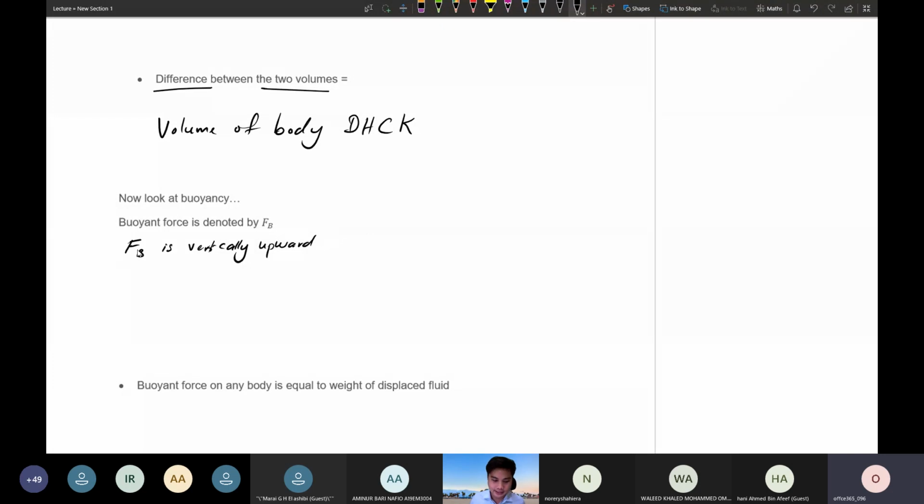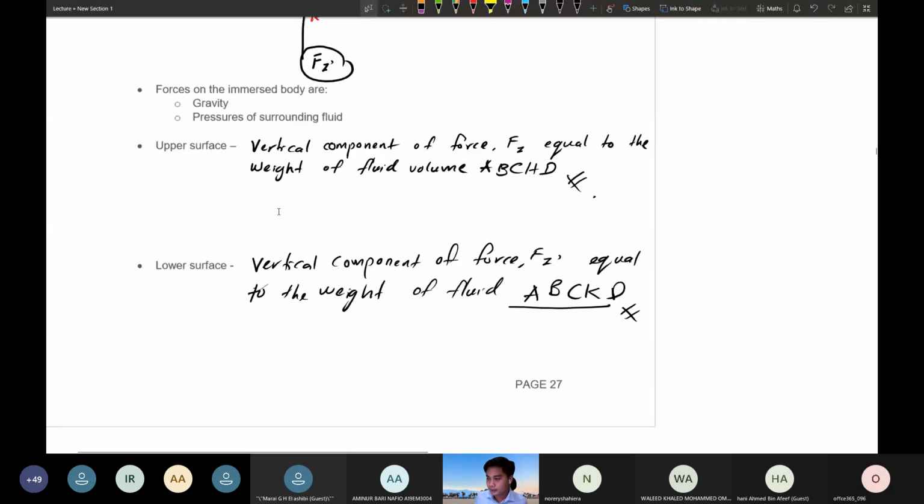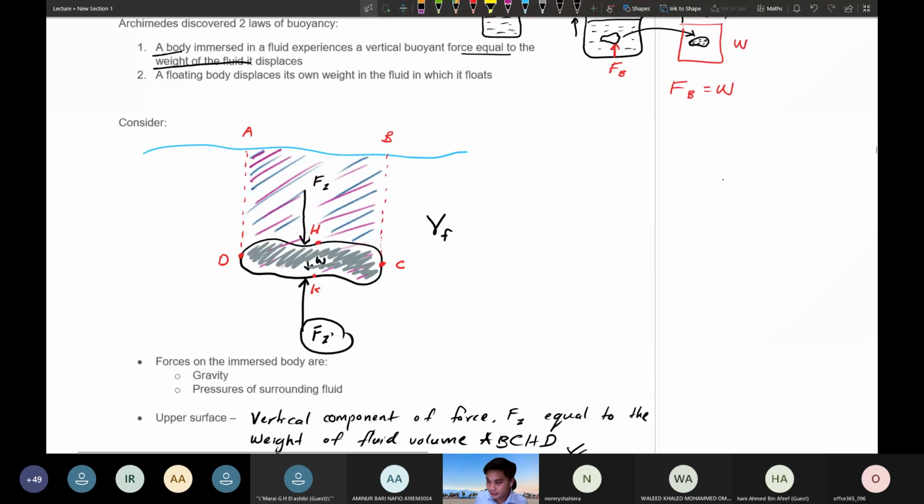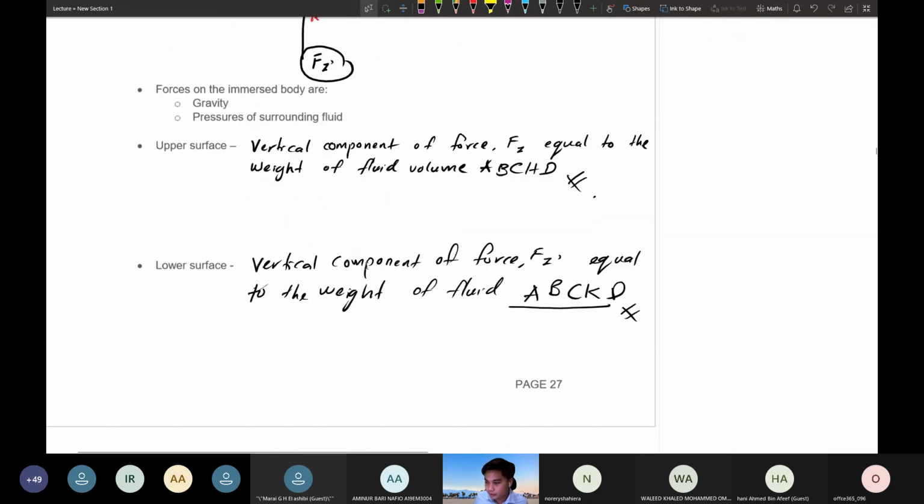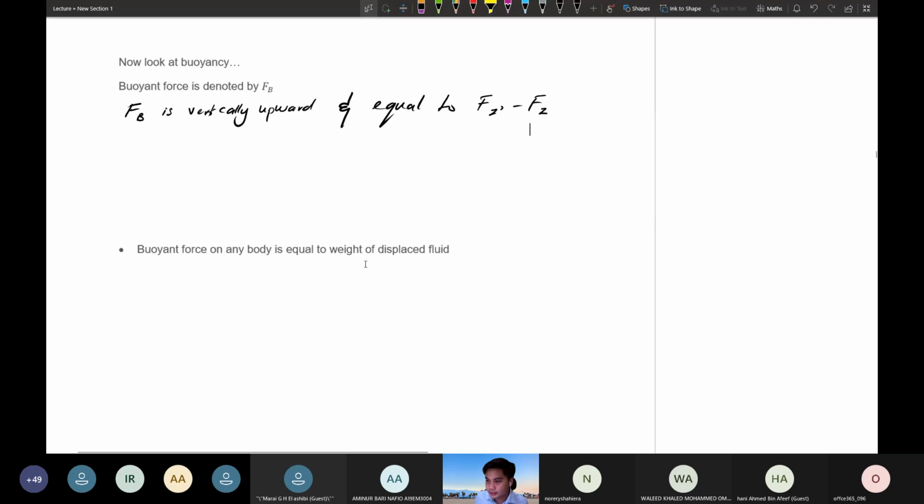Because of this buoyancy force, always acting vertically upwards, it is actually equal to Fz prime minus Fz. Alright, can you see here? Fz prime minus Fz is actually the weight of the fluid, which turns out to be the buoyancy force.